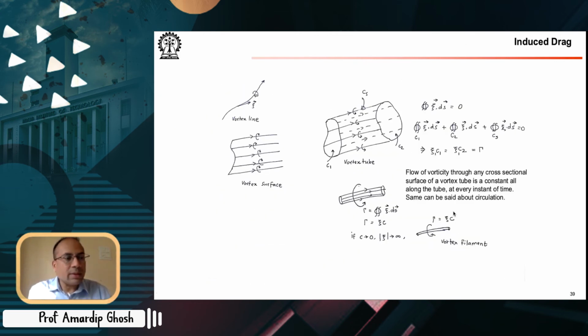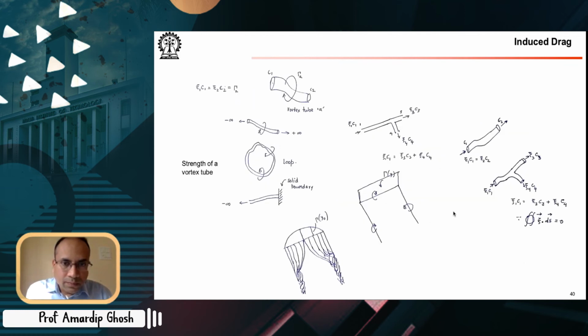So this is just to establish that the vortex strength of the filament stays conserved as you go from one cross section to another cross section at any given instance of time. This is again to summarize what we have been talking about so far. Here you see, I have a vortex tube.